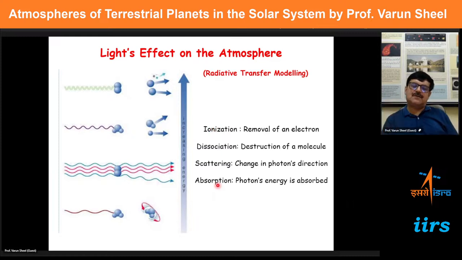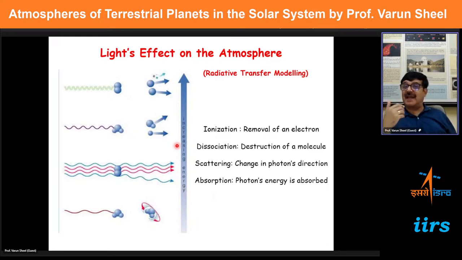These four processes are dealt with by physical laws, and many of you must have studied this at some level. The scattering, for example, you must have studied how scattering occurs, and that is taken into account in the atmosphere.